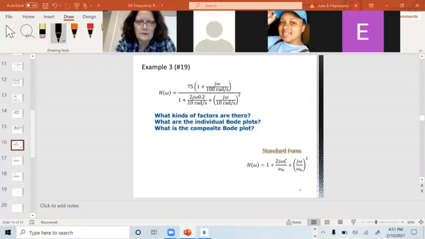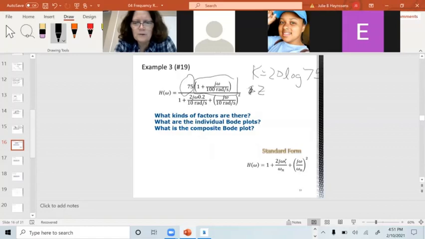I'll do this one. I've got a K. I plot that factor, 20 log of 75. I've got K equals 20 log of 75. I've got a 0, does not begin with S. I've got a 0 at omega equals 100, a simple 0.